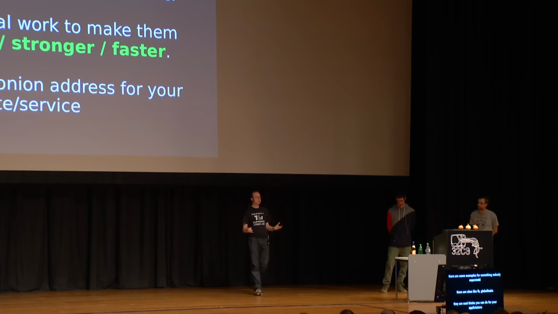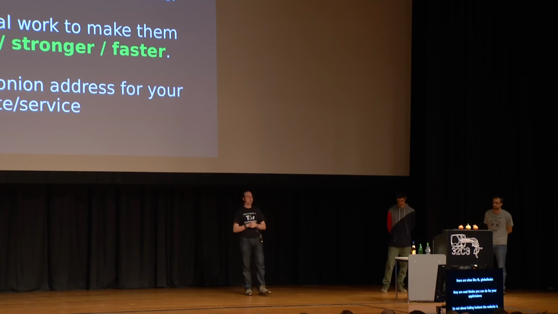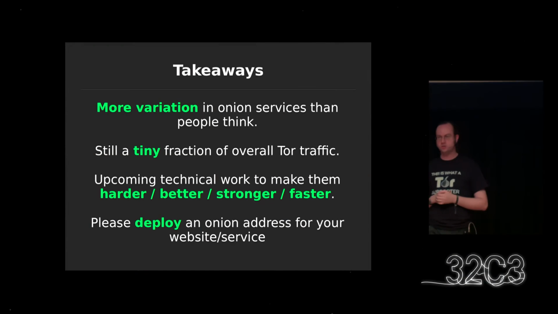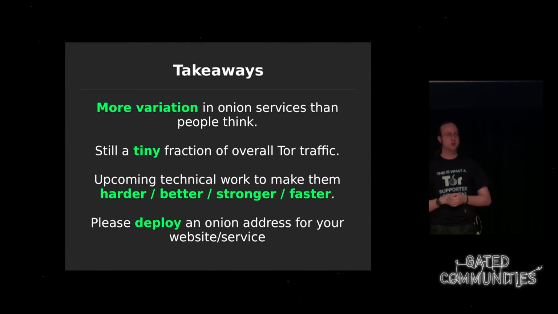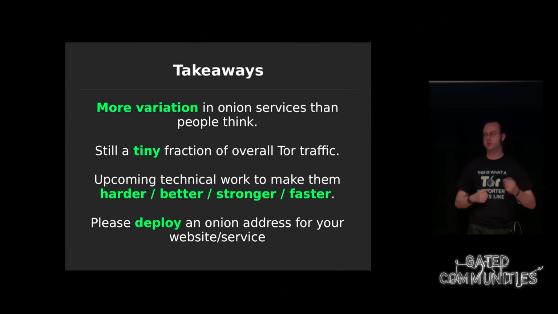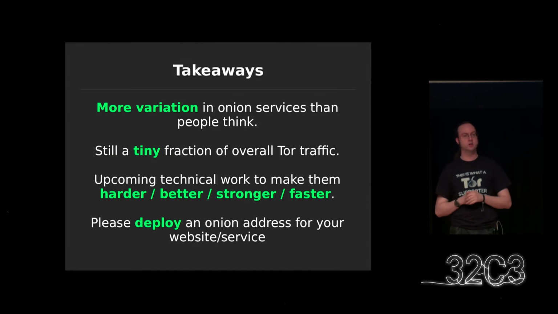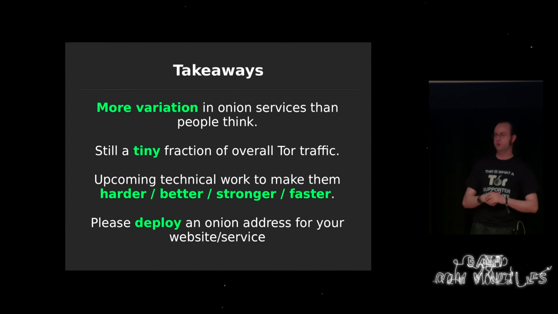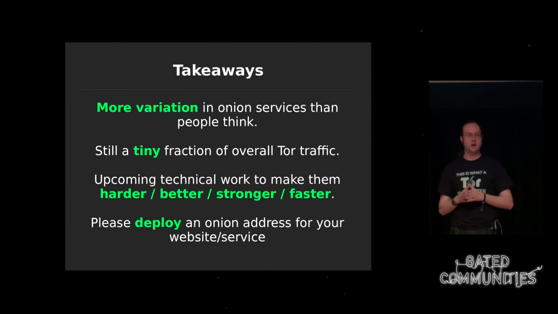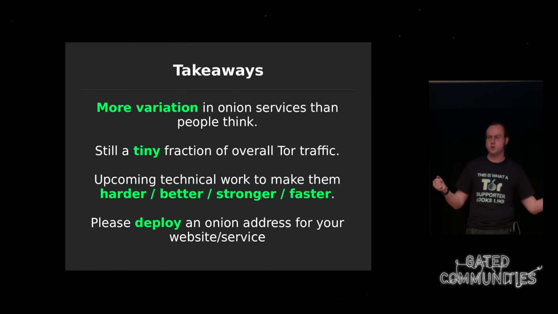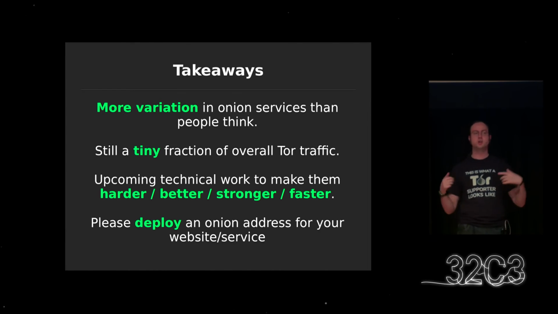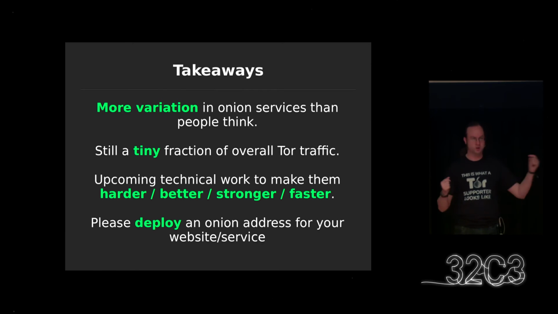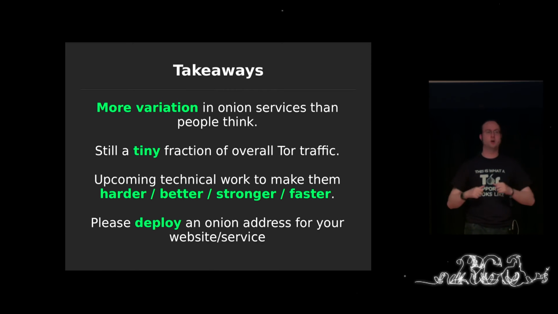So another key point, this is still a tiny fraction of the overall Tor network. We have millions of people using Tor every day, and something like 5% of the traffic through the Tor network is hidden service or Onion service related. It was 3% last year. It's 5% now. It's going up. Sounds good. But it's still a tiny fraction. And maybe that's good because when you're using an Onion service right now, you put double load on the Tor network because both sides add their own circuit.